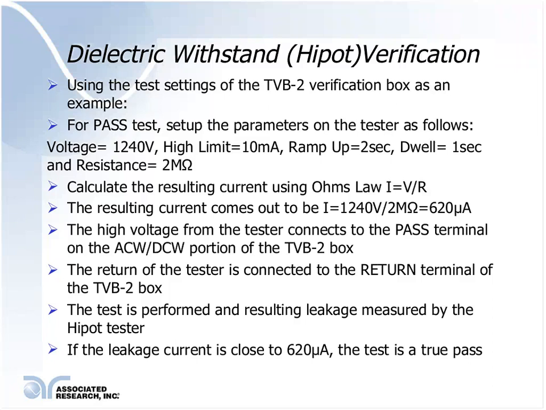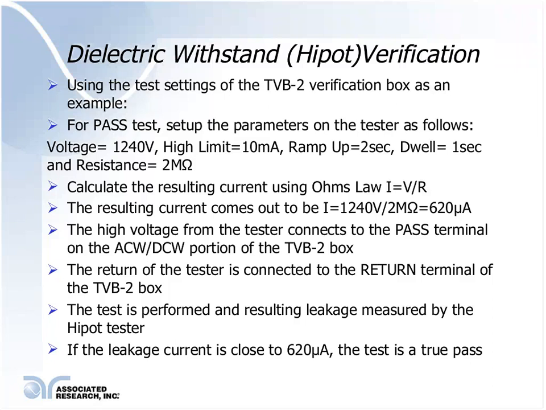The high voltage lead from the Hipot unit will connect to the pass terminal on the AC withstand portion of the TVB2 box. If you remember, there's a pass and a fail terminal for each of the 4 test types located on the TVB2 box.